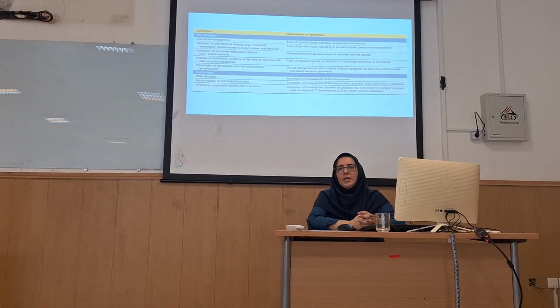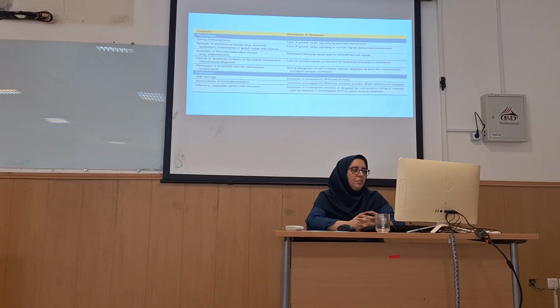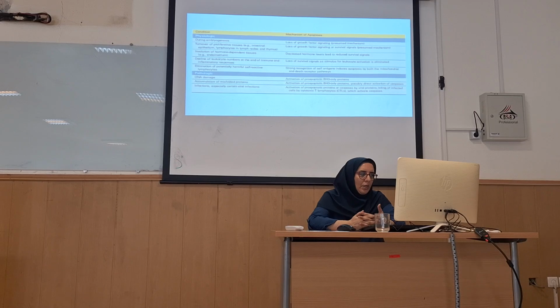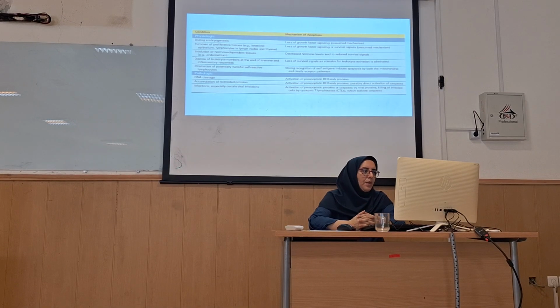This table explains the most common physiology and pathology of apoptosis. Physiology: during embryogenesis, turnover of proliferating tissue, for example the intestine, hormone-dependent tissue involution, for example the endometrium, and elimination of potentially harmful self-reactive cells.